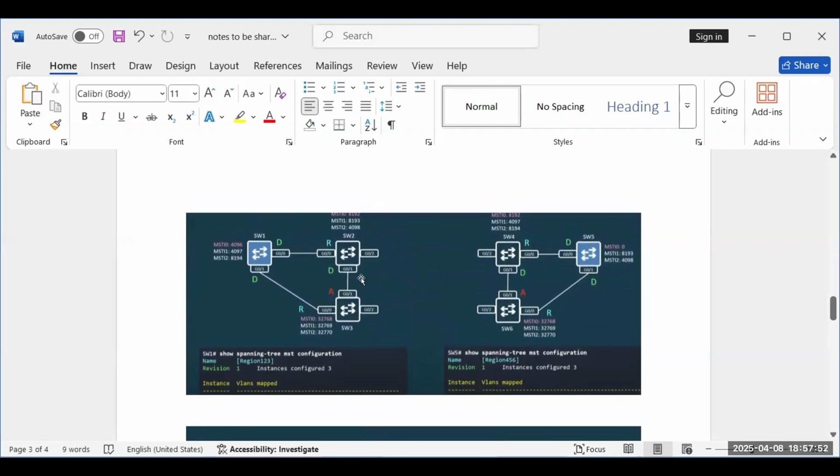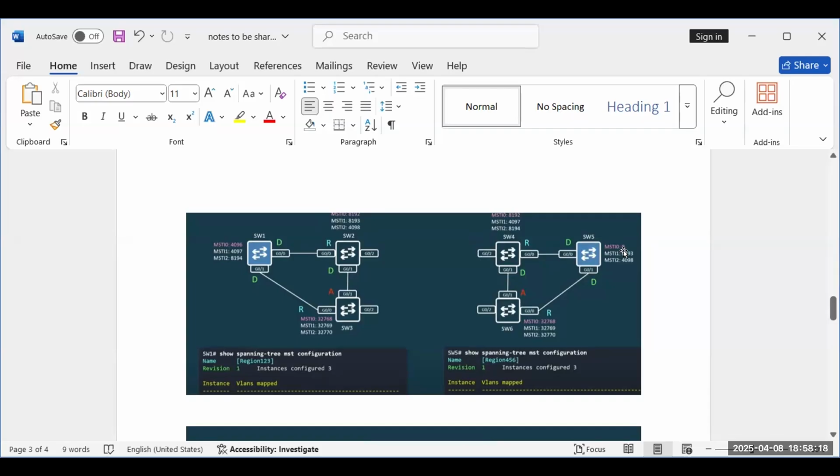If you look at the bridge priority that is configured, the default MSTI instance 0 region, instance 0, is 4096 for this segment of the network, and for this segment we configured it as 0.